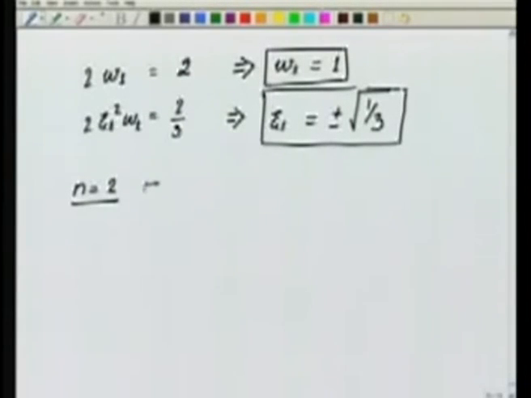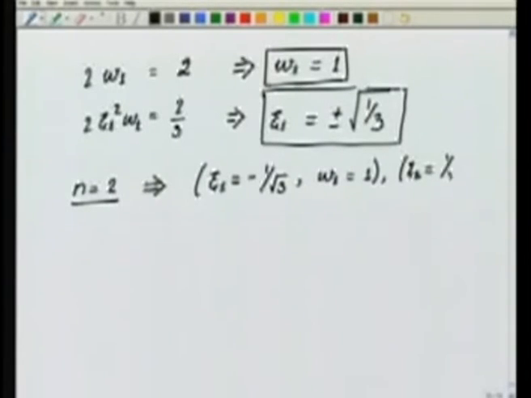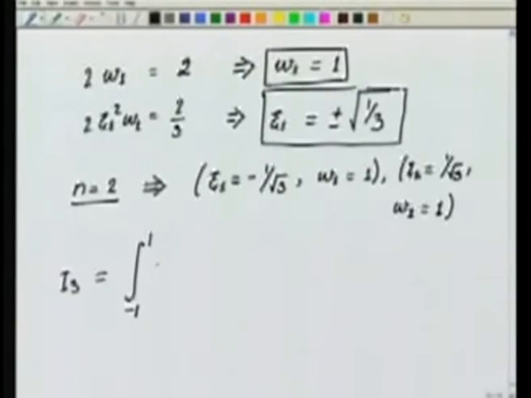So, our 2 point rule, n equal to 2, is equivalent to saying I have the point psi 1 equal to minus 1 by root 3 and the weight W1 equal to 1, and the point psi 2 equal to 1 by root 3 and the weight W2 equal to 1. Now, let us see whether this 2 point rule can give us an exact integral for a cubic polynomial. So, what will the cubic be?